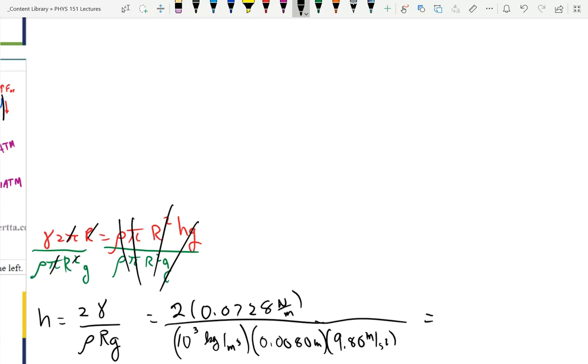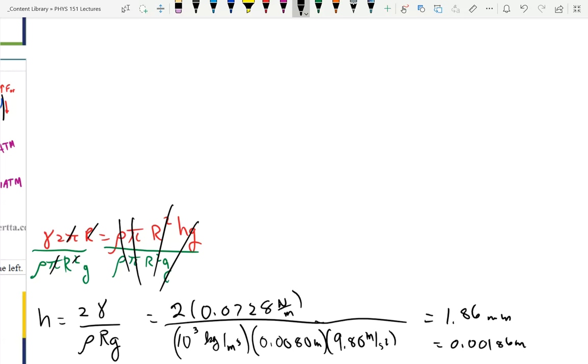According to my work, that's 1.86. Well, excuse me, 1.86 millimeters. I automatically converted to millimeters in my head, not thinking that we needed it in meters.